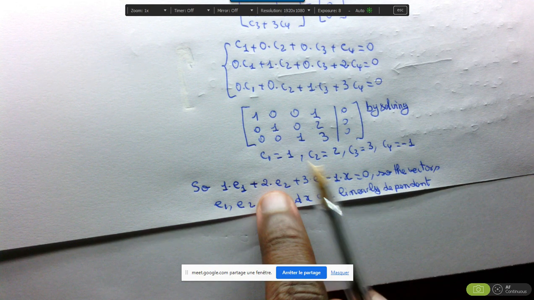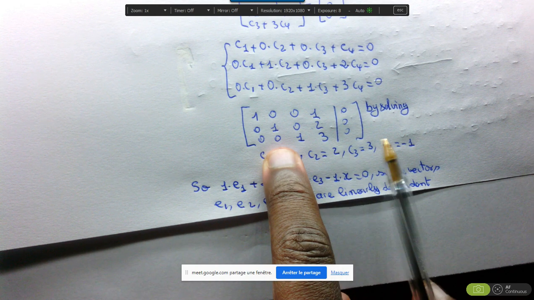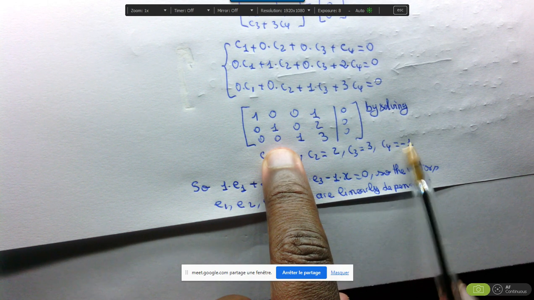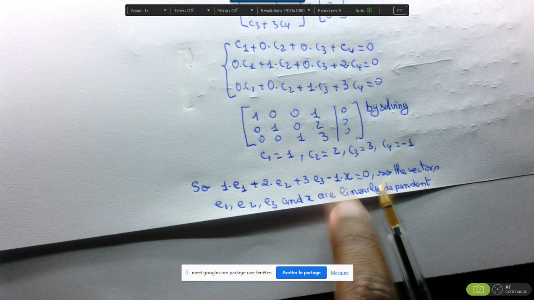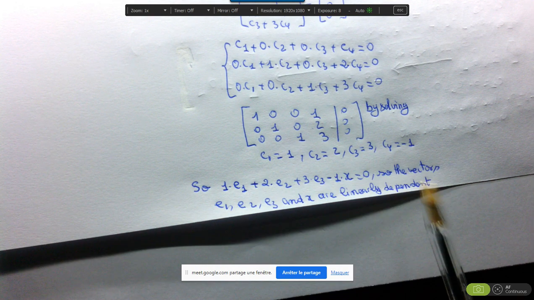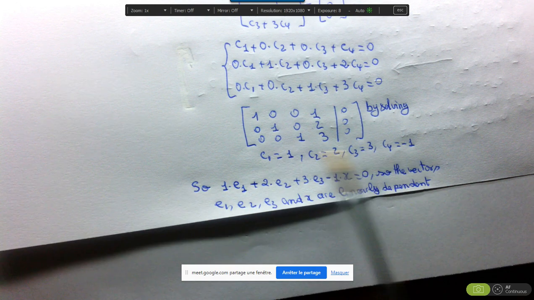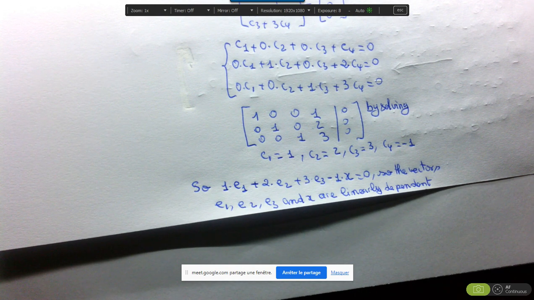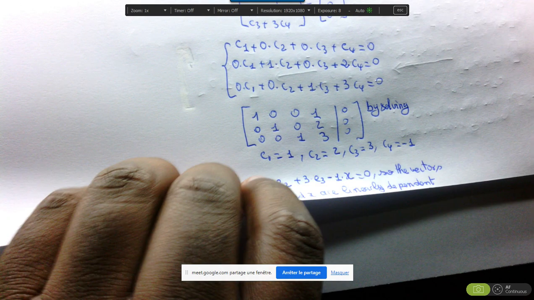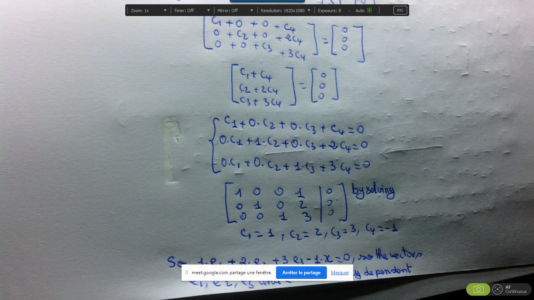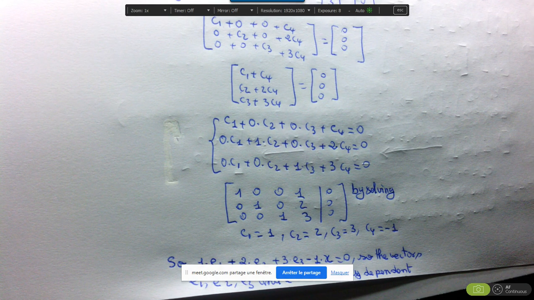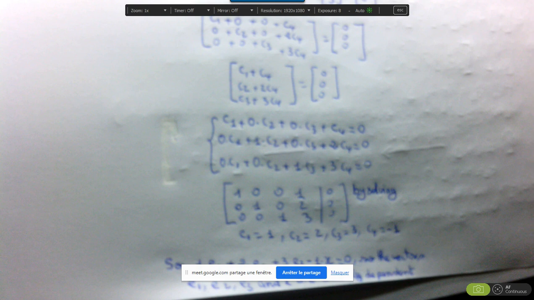Suppose I have 0 here, 0 here, 0 here, but this one is different from 0, it is still linearly dependent. The only way it is linearly independent is if all of the coefficients are zeros when you set a linear combination of those vectors equal to 0. So that was the second example.